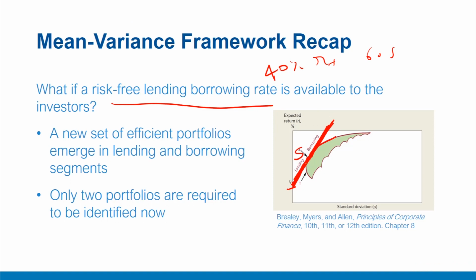Irrespective of our clients' risk profile, whether they are more risk taking, less risk averse or more risk averse, we only need these two portfolios RF and S to offer them a portfolio of their taste and preferences. So we have separated the decision of this portfolio RF and S from the investor's risk preference. That is why it is also called separation theorem or two fund theorem.